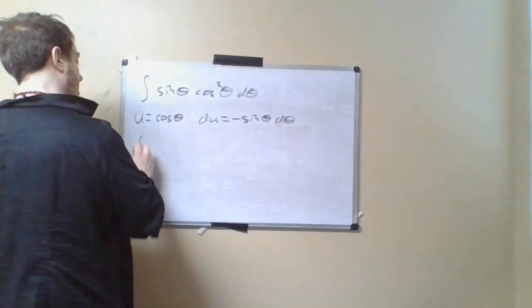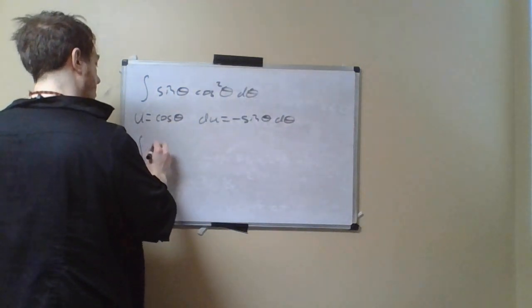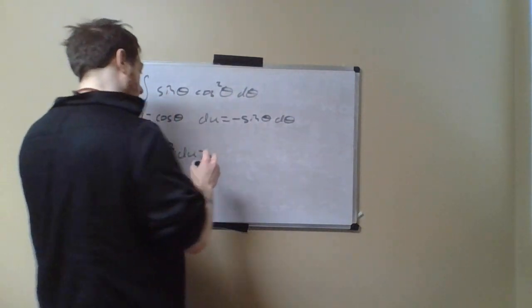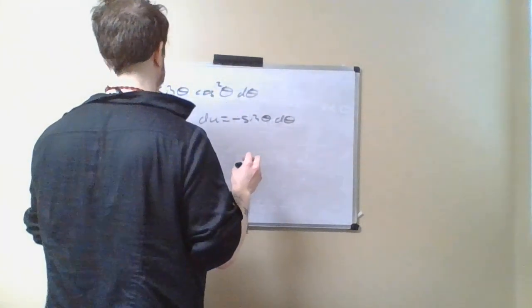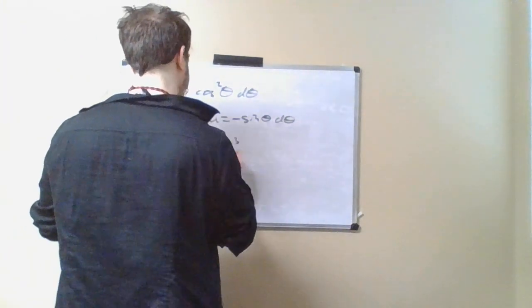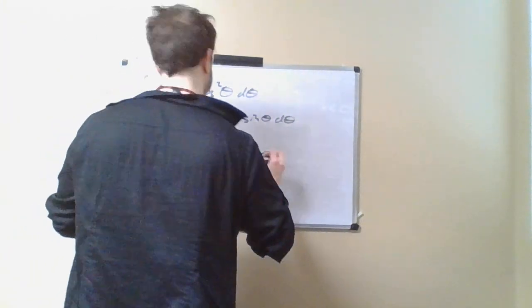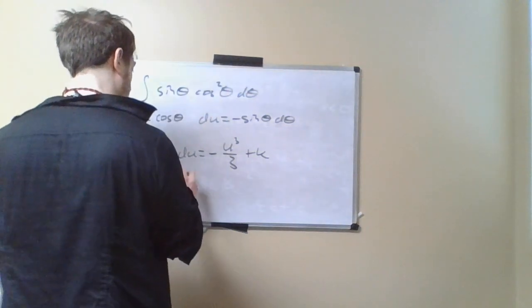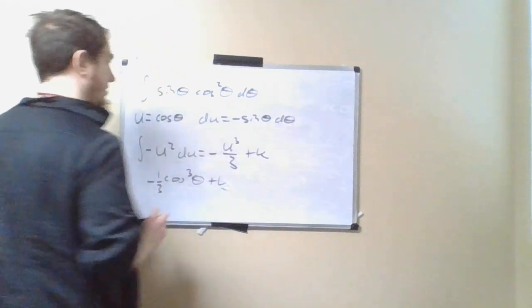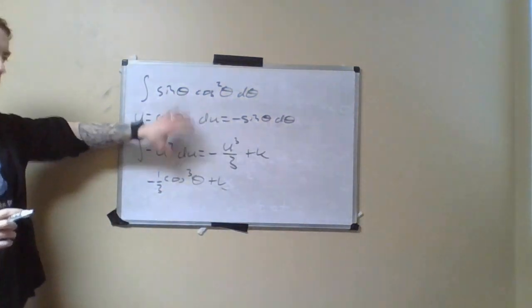So this integral is actually going to be the integral of negative u squared du, which becomes negative u cubed over 3 plus a constant, so this becomes negative 1/3 cosine cubed theta plus a constant. So you can see this worked out the same way.